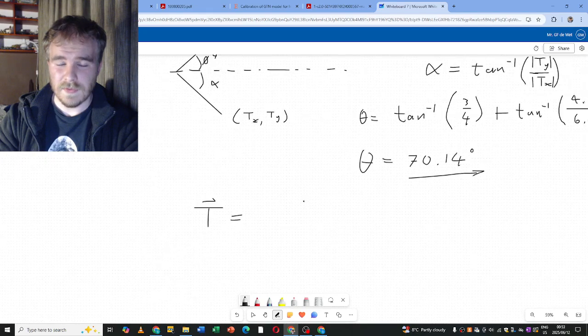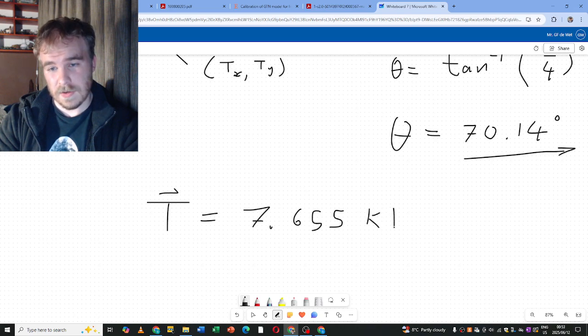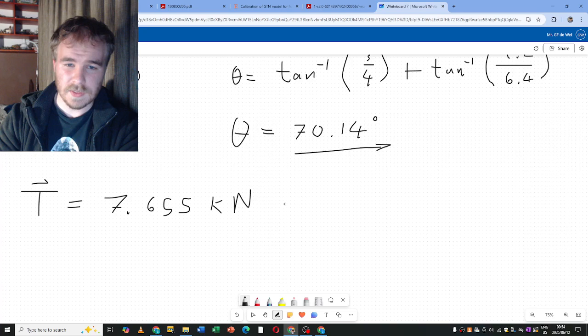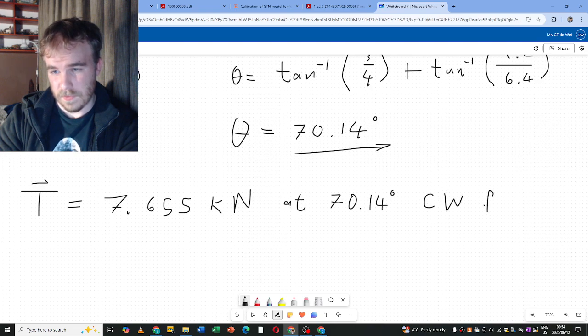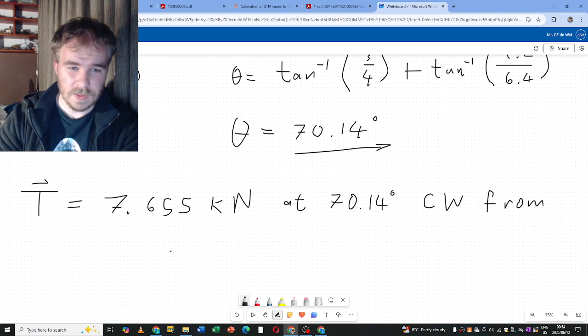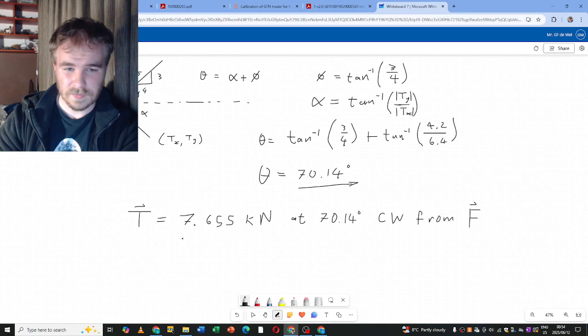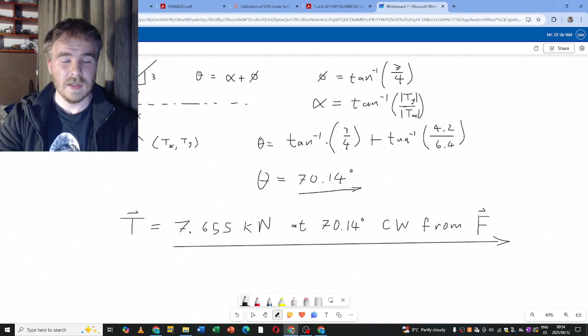T vector is equal to 7.655 kilonewtons, and then we need to specify the angle because we said it's a vector, at 70.14 degrees, let's say clockwise from, let's keep going over here, from F. Great, and there you have a nice little neat answer for that entire question. Yeah, that's it.